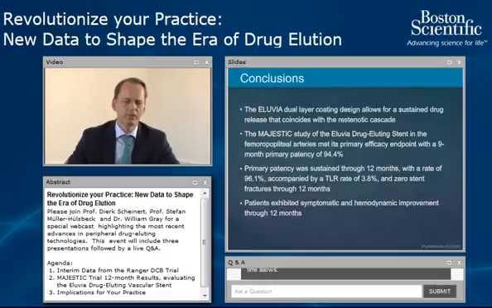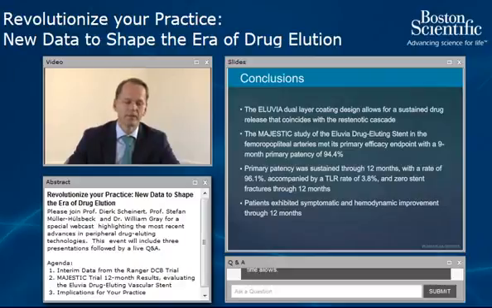So the conclusions I want to make based on the Eluvia data are as follows. The Eluvia dual-layer coating design allows for a sustained drug release that coincides with the restenotic cascade. The MAJESTIC study of the drug-eluting Eluvia stent in the femoral arteries met its primary efficacy endpoint with a 9-month primary patency rate of 94.4%.